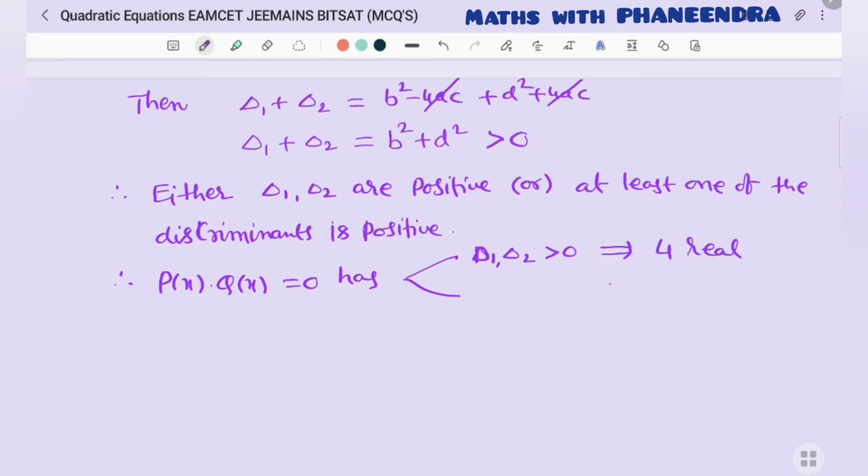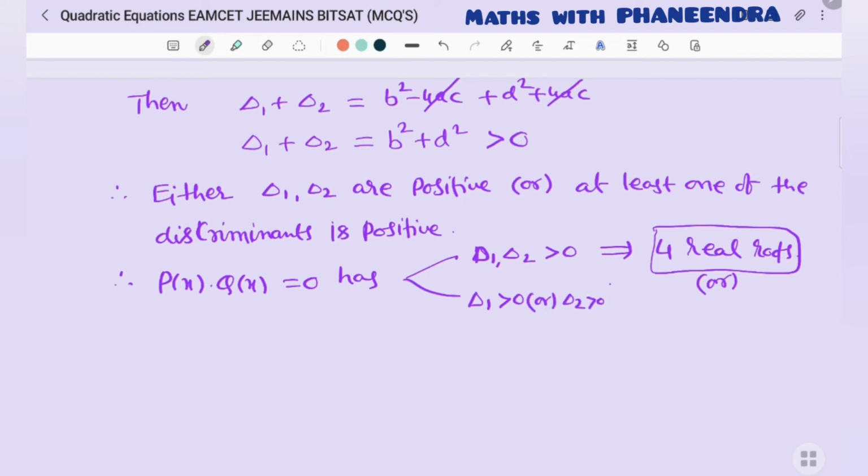Sir, how are you saying that 4 real roots? Delta greater than 0 means real and distinct roots, no? So delta 1 is greater than 0 means 2 real roots will come. Delta 2 is greater than 0 means there are also 2 real roots. Total 2 plus 2, 4 real roots will occur. Another possibility: any one of them, either delta 1 is greater than 0 or delta 2 is greater than 0.